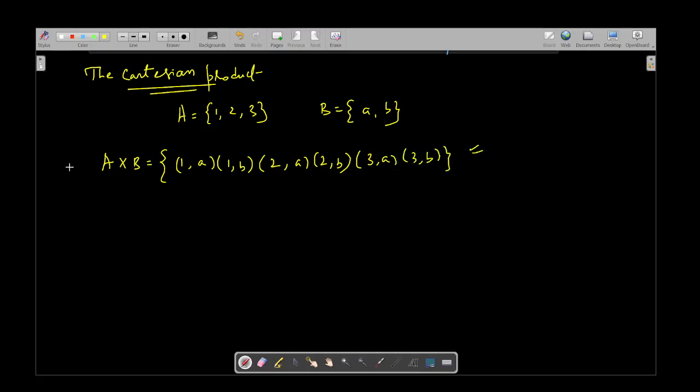This is my Cartesian product. With the help of this, we can develop the definition for a relation.